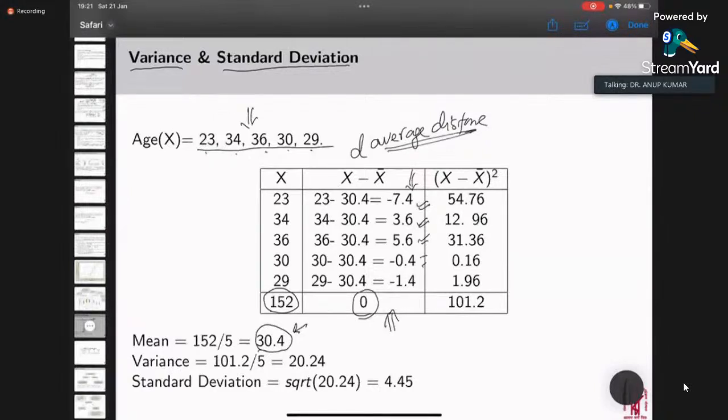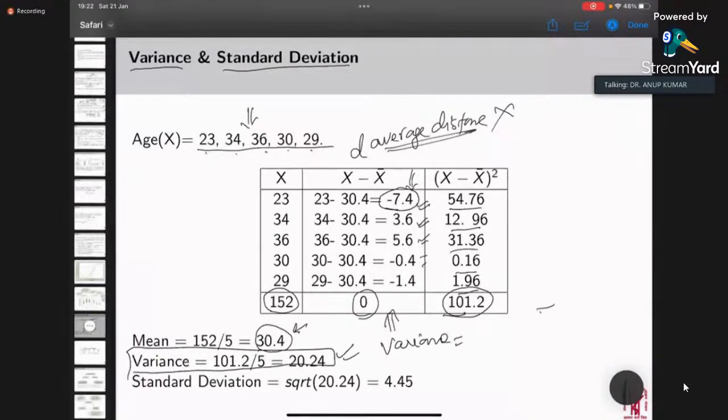So the idea fails. What they do is square the distance, the difference between the mean and the individual data point. By squaring, all the negatives also become positive, and then they calculate the sum, and when they divide it by the total number of observations, it is termed the variance.